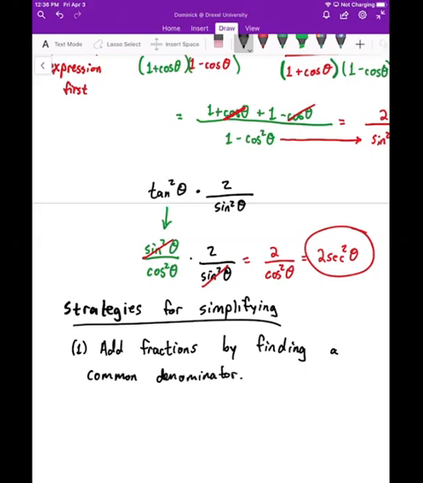Another helpful strategy is to convert everything to sine and cosine.